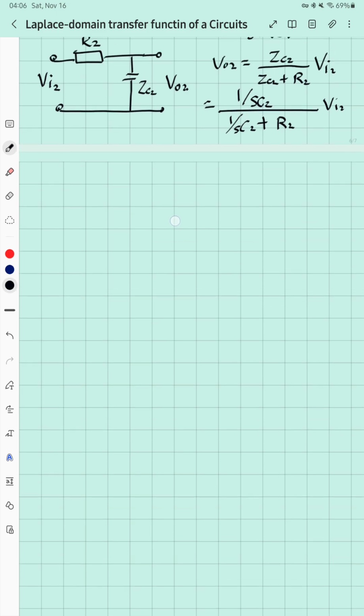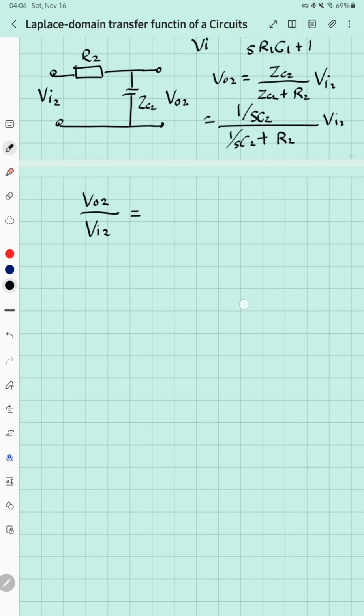So you will end up with VO2 over V in 2 is, you multiply both sides by SC2, so it will be 1 over 1 plus R2 SC2. You multiplied both sides with SC2, that's what you just did.